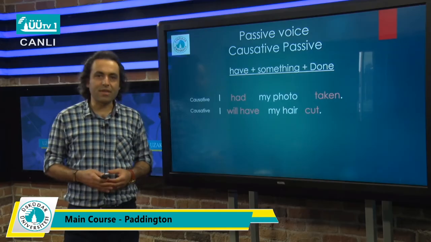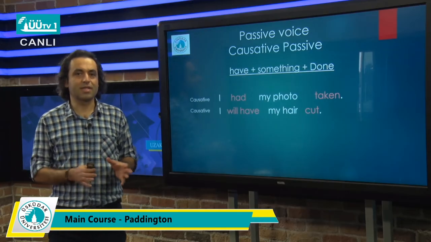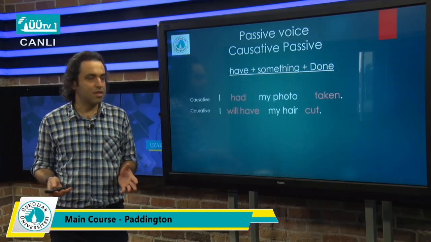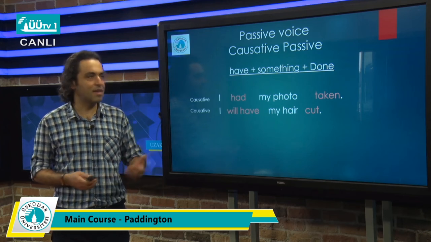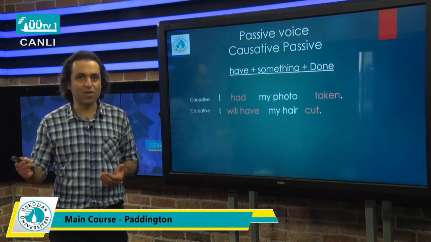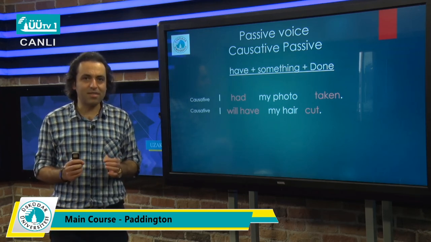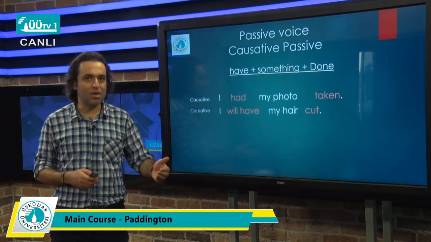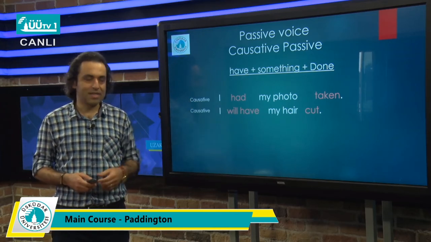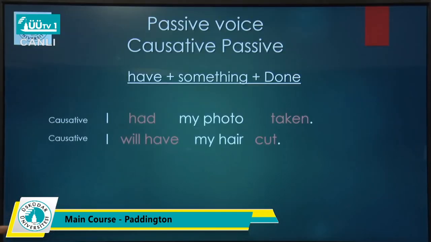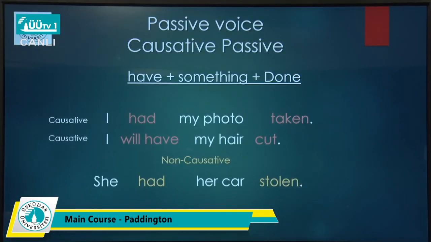We have a new branch of it which is called non-causative passive. Is it different? Well, the structure is not different at all. It is exactly like this one. Have something done. But the meaning decides whether it is causative or non-causative. If you remember, in these two sentences, the first word, I, is the cause of the action. But in this sentence, she had her car stolen.